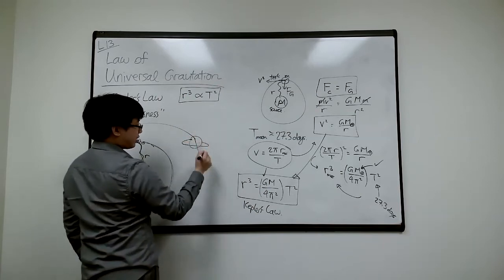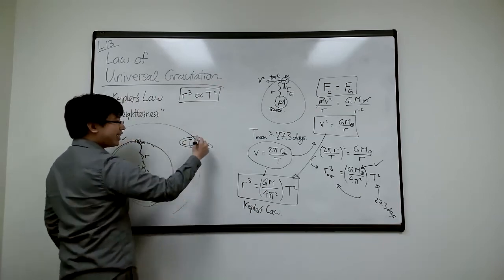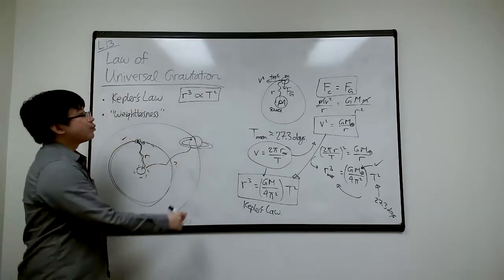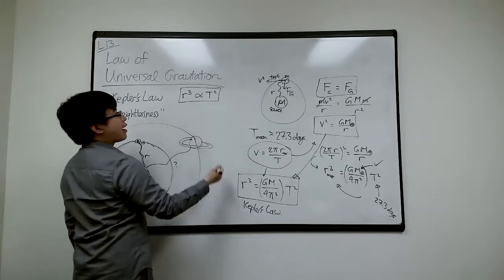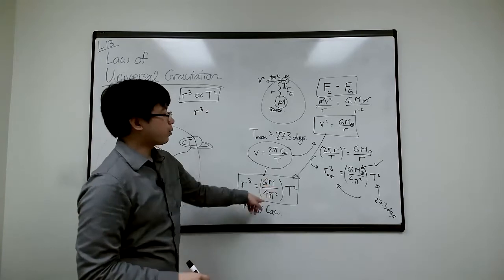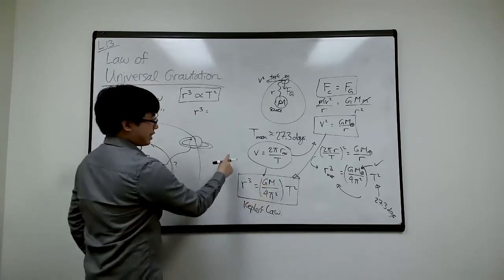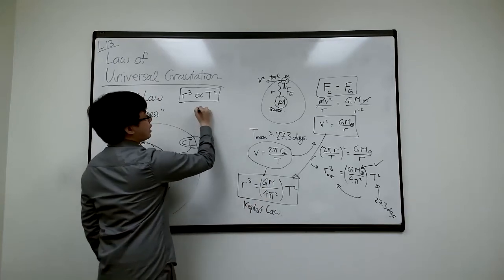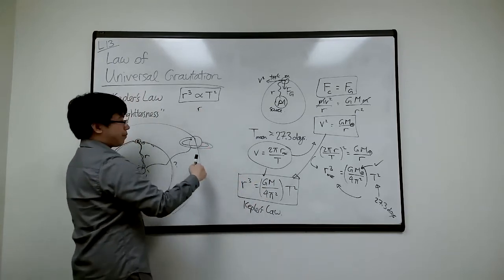Let's say Saturn, so I can distinguish it with some rings. If I want to figure out how far away Saturn is, I just need to measure the period, because if something is proportional to something, I know exactly what that constant is. But there's an even simpler way of figuring that out.